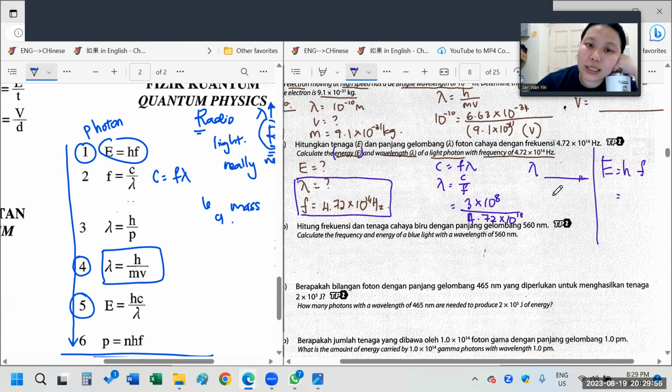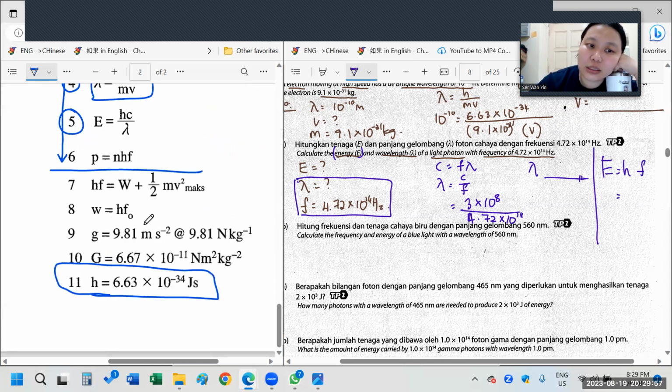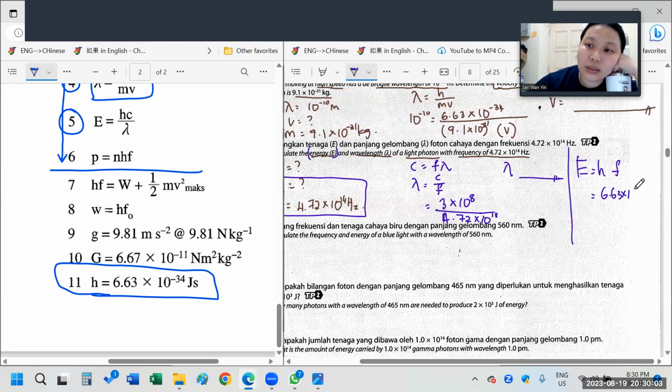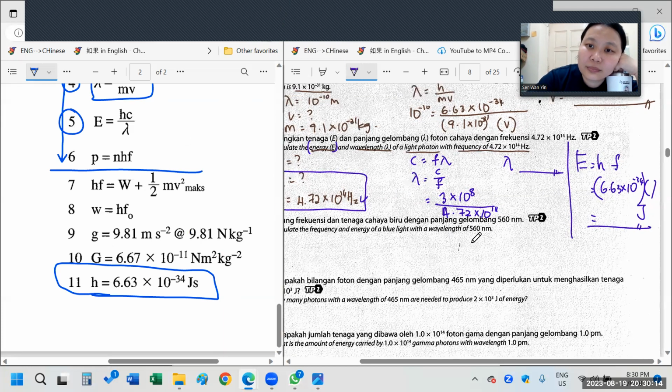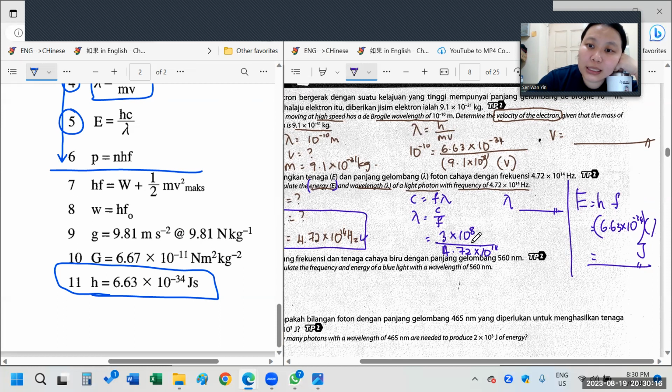So substitute. H is over here, 6.63 times 10 to the power of negative 34. Then F is here. Substitute and you will get the answer in joules. So far, okay?